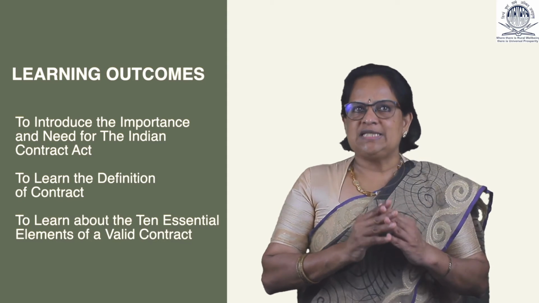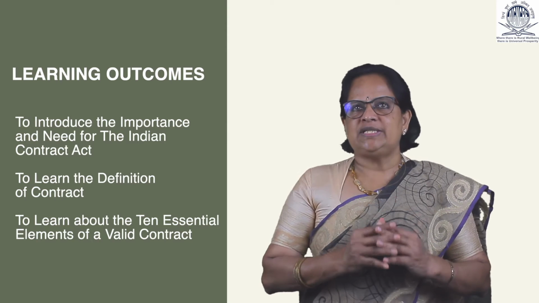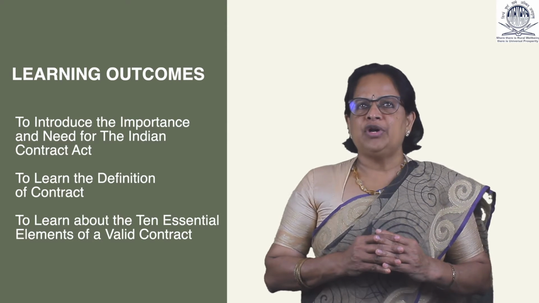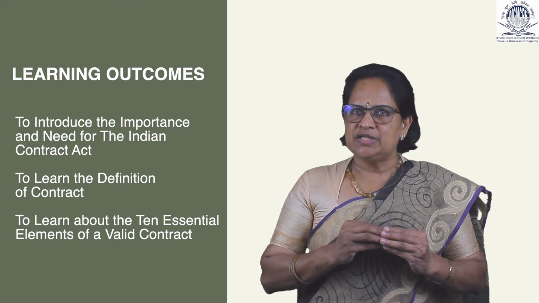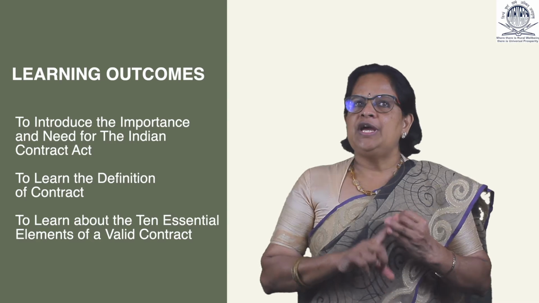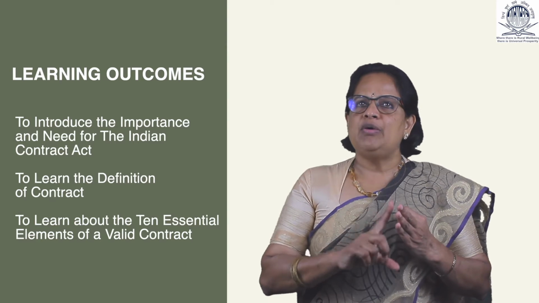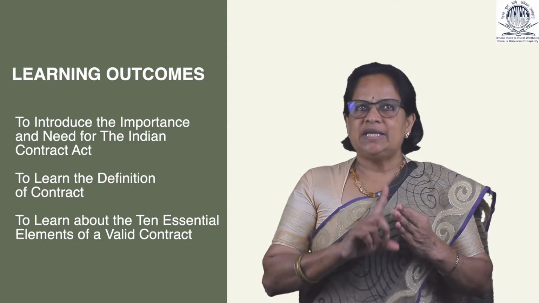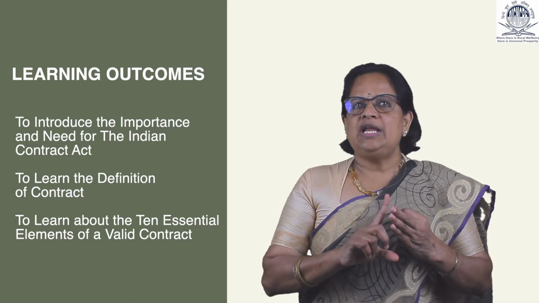At the end of this lesson, you will be able to understand the need and importance of the Indian Contract Act, get insights into the definition of contract, and also learn about an important aspect, that is the 10 essential elements of a valid contract.